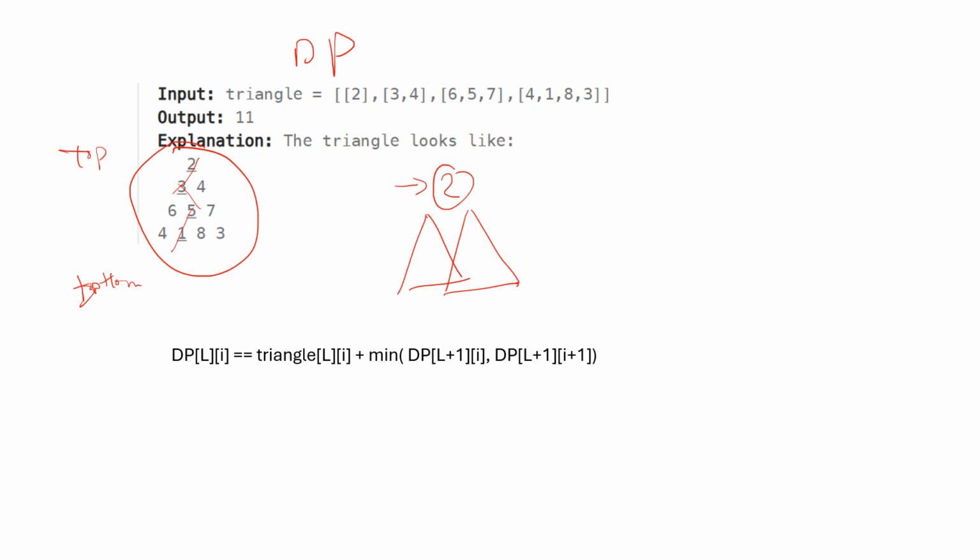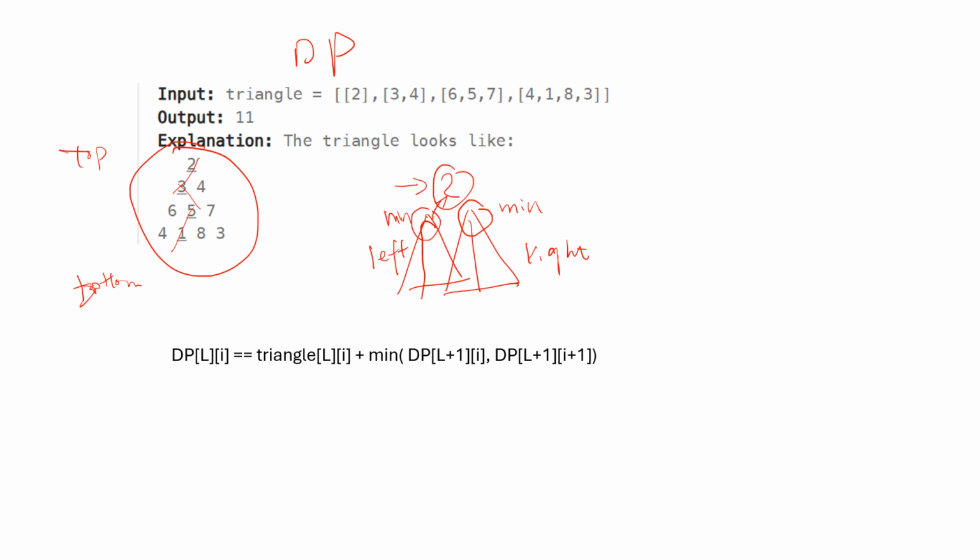If we could find the minimum path that gives us the minimum value on the left-hand side, and then also the minimum from the right-hand side, and assume we know these, then to get the global solution we simply need to pick the minimum value from the left and right, then add that minimum value to 2.